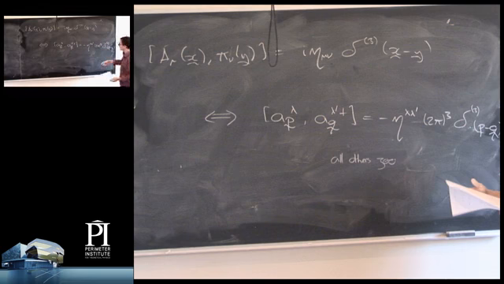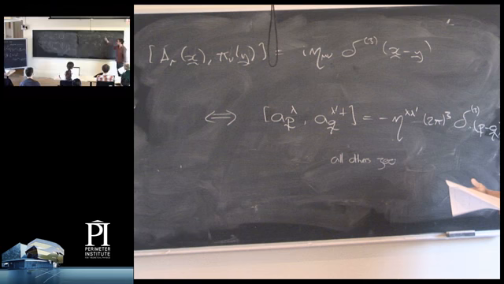Okay, so all others 0. This is the usual kind of commutation relation we've seen over and over again. You just plug these into here.